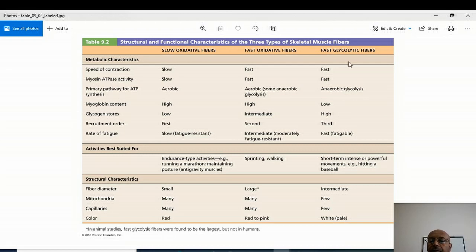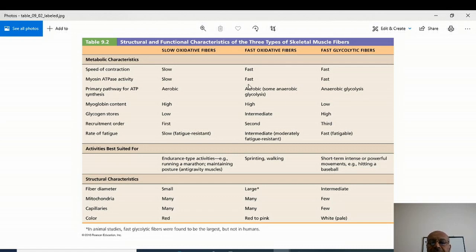If a person has predominantly this type of muscle cell, they are good for weightlifting or sprinting, where they need to produce a high amount of energy within a very short period of time, but they get fatigued quickly.